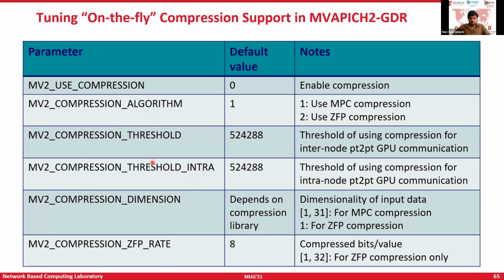This is to choose the message size after which you want to use compression for internode and intranode communication. This is the dimensionality, and this is the compression rate that you want to provide to ZFP. Now, what is the upshot of all of this, and what is the big deal?